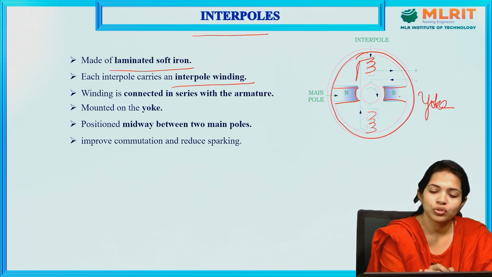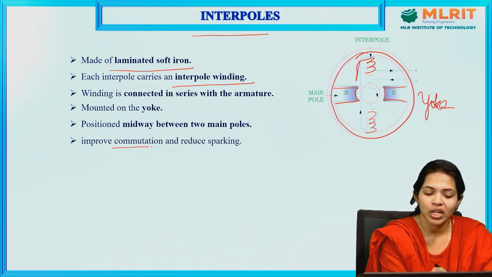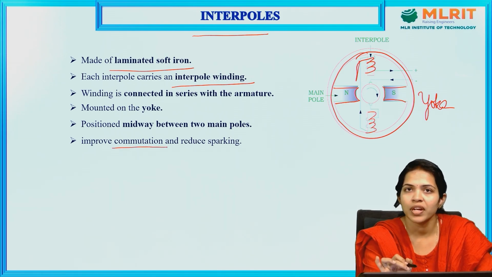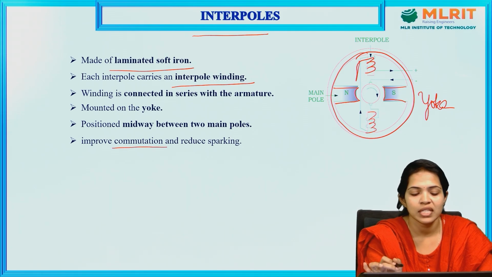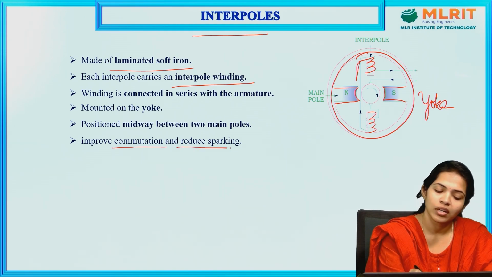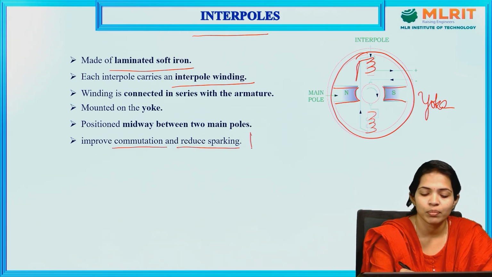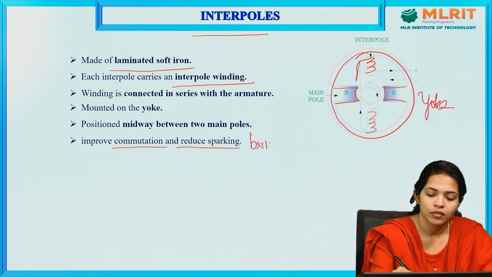The main function of interpoles is to improve the commutation process, that is the process of conversion of AC signals to DC signals, and also to reduce the sparking at the brushes in the process of current reversal in a commutator.